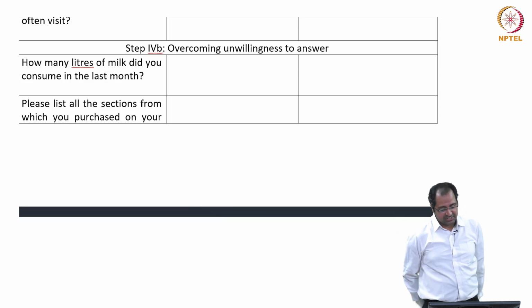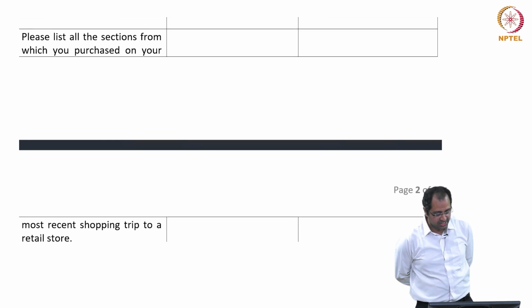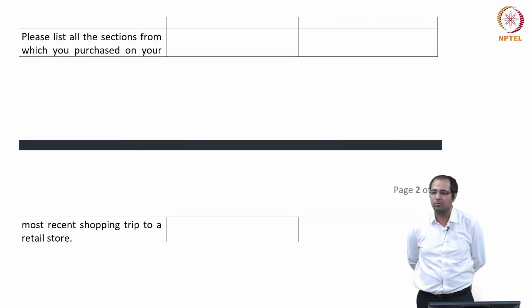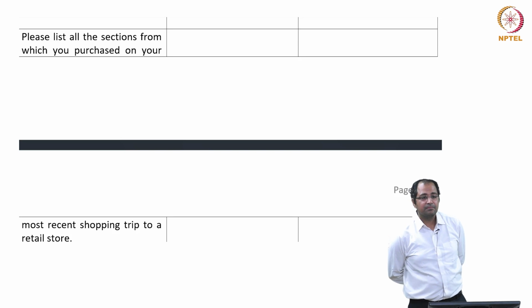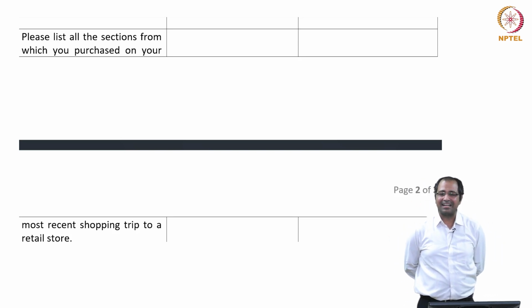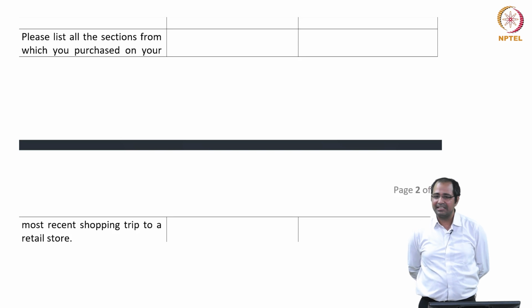The next one is, please list all the sections from which you purchased on your most recent shopping trip to a retail store. What is the problem? Take somebody who comes to IIT: please write down all the locations you went inside the IIT when you visited it.